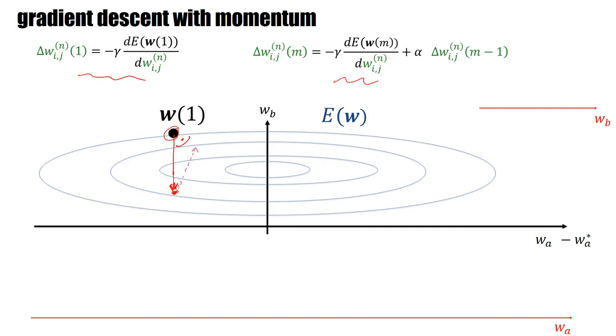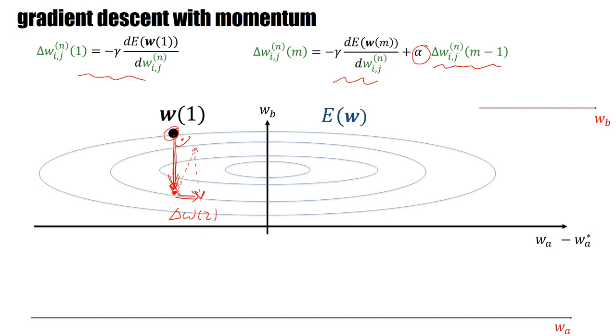That was what we did before. But now we add a little bit of the old direction, say alpha equal 0.9. So we add the direction of this previous update. And this now gives our final position here. And so the update in the next time step is this direction here.